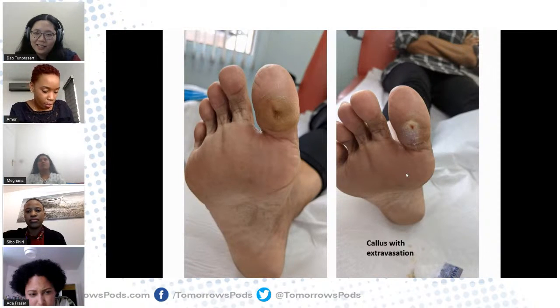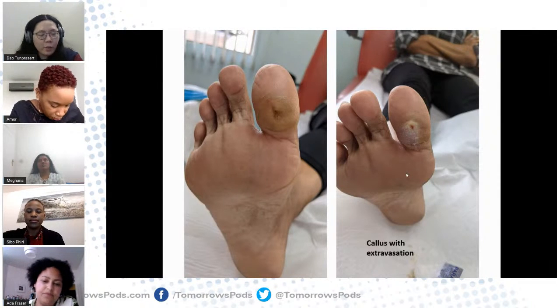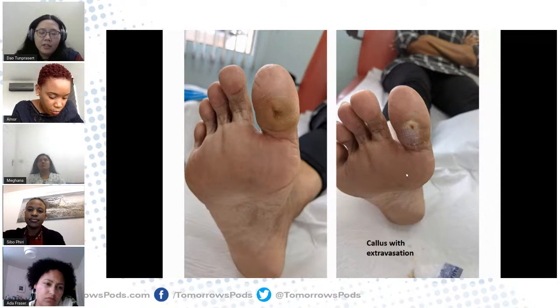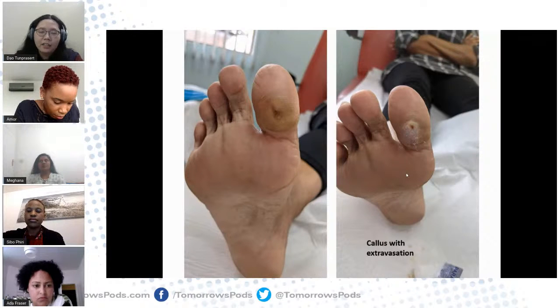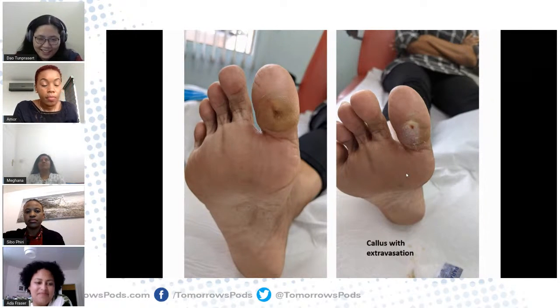Yeah, one thing I pick up from our conversation so far is about knowing the history of the patient. Even if it's something new that you may not have seen before in a different skin color, if you know the other characteristics of that condition, you might be able to make an educated guess.